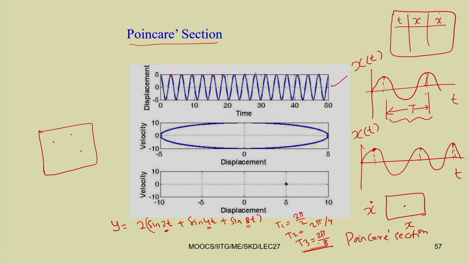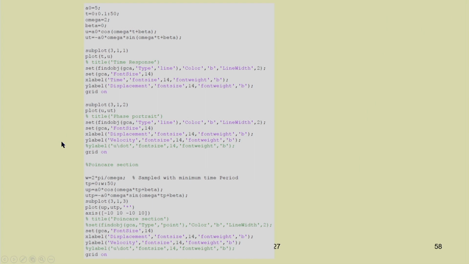Taking this T3 and sampling, you will get only 3 points on the curve. If you plot y versus y dot, you have only 3 points.